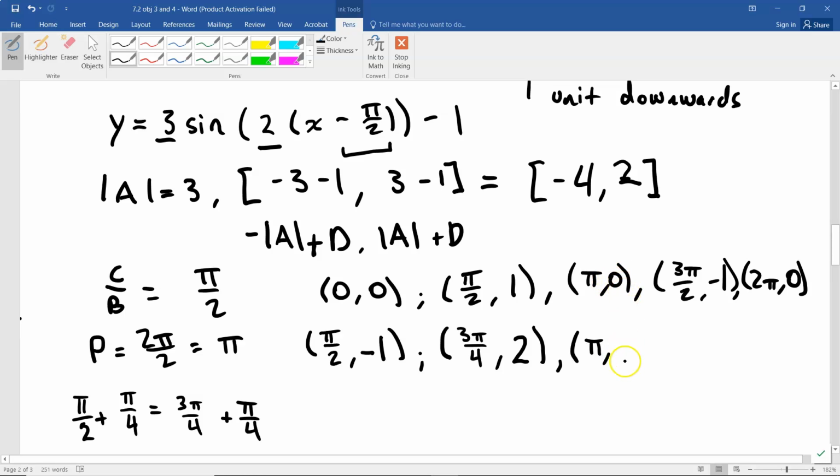Our 0 is going to be -1, or the vertical shift again. Then for our fourth point, we add another pi over 4, which gives us 5 pi over 4.